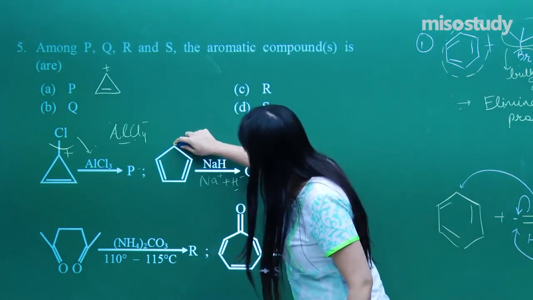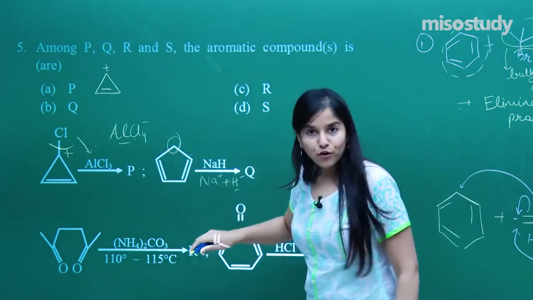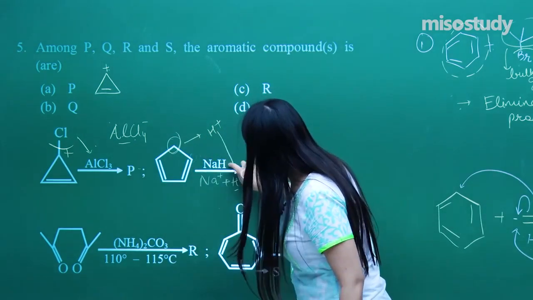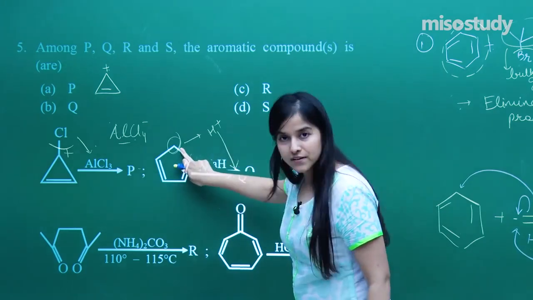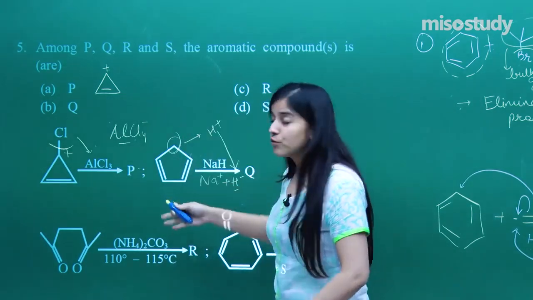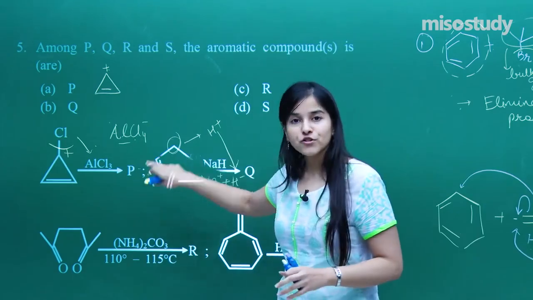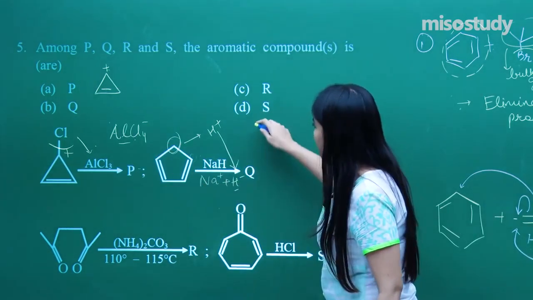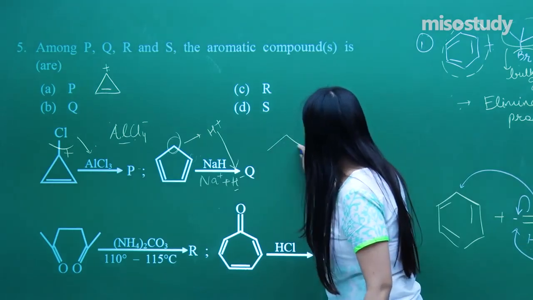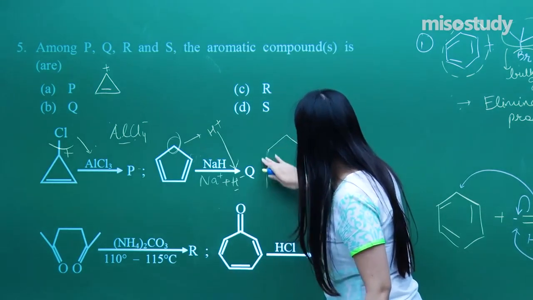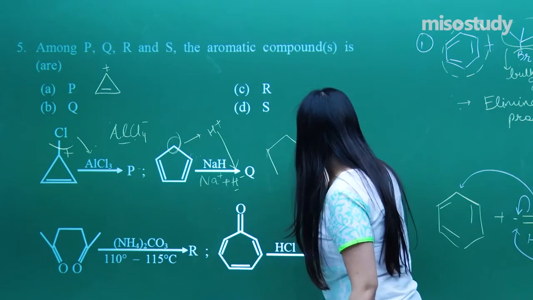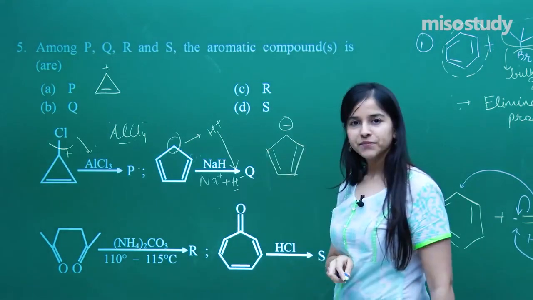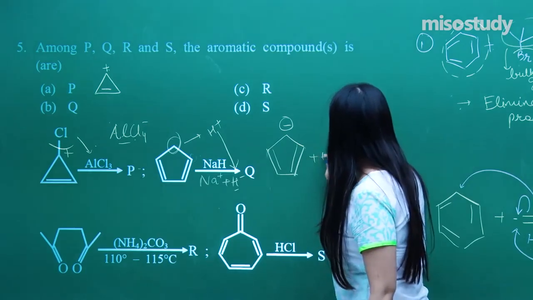So here there is an acidic proton available, that means H plus available. It will abstract the H plus from here and the H plus will leave its electrons onto the ring itself. So what do we get over here in the case of Q? In the case of Q we get a structure like this, plus H2.